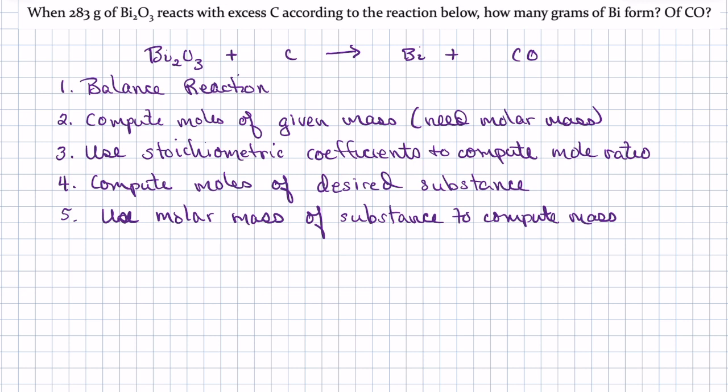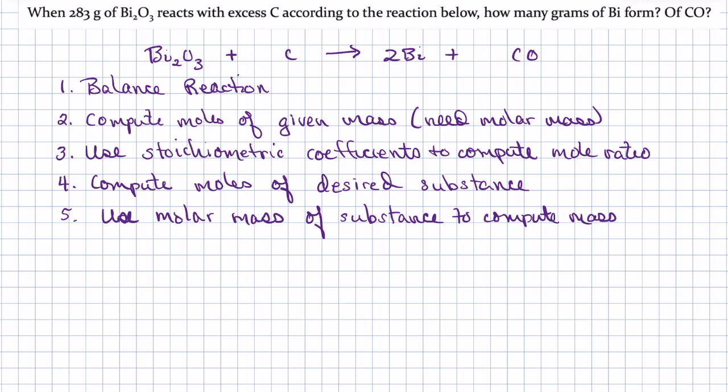And this reaction so far is not balanced, but let's take a look at it. We've got 2 bismuth atoms on the reactant side, and so that means we're going to need to put a 2 in front of the bismuth on the product side.